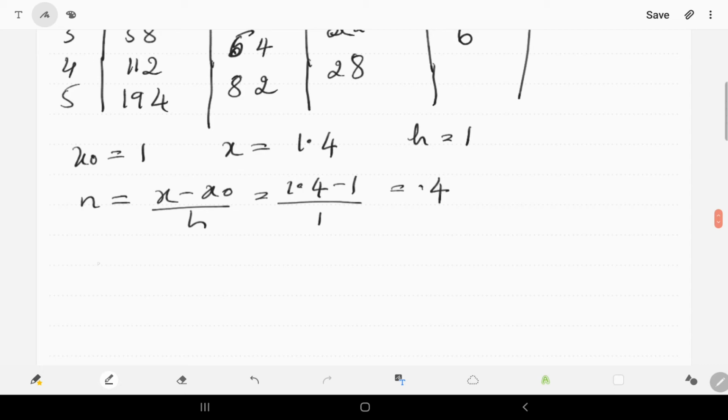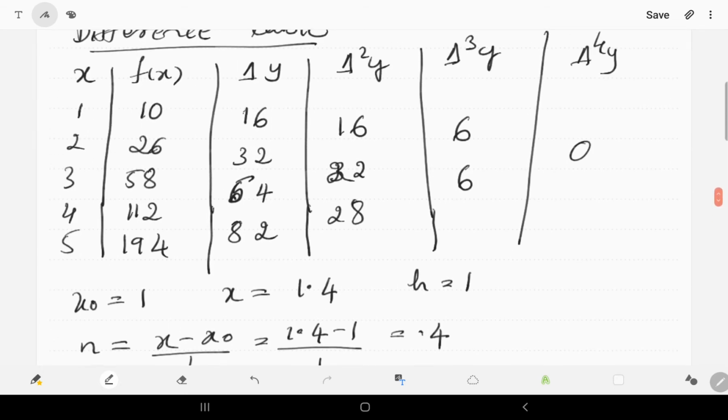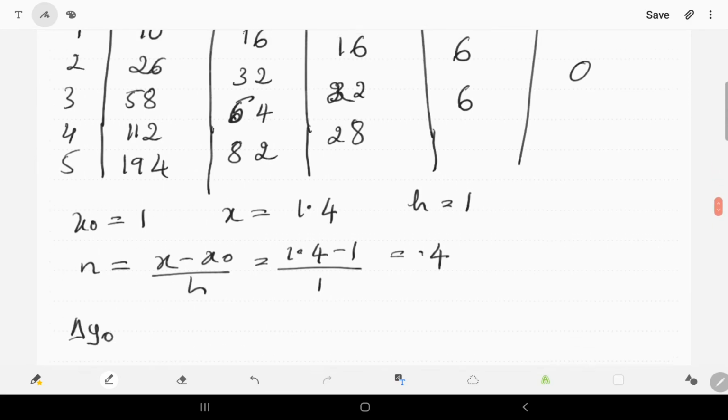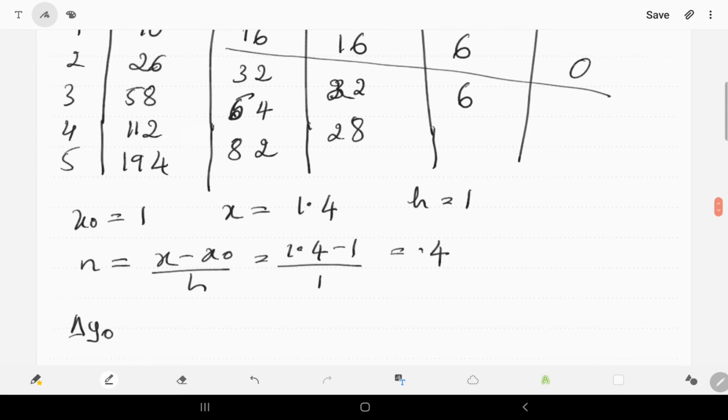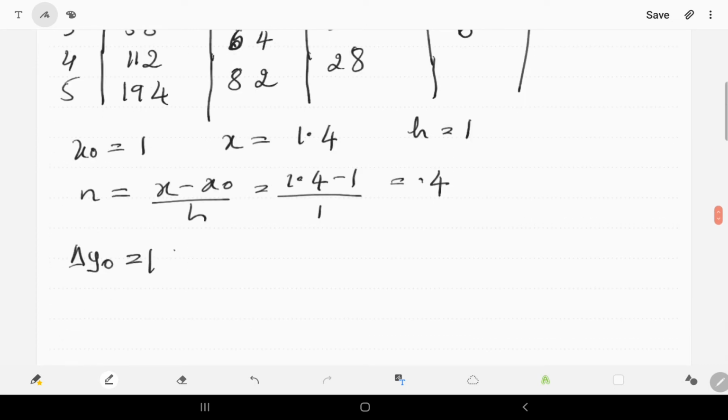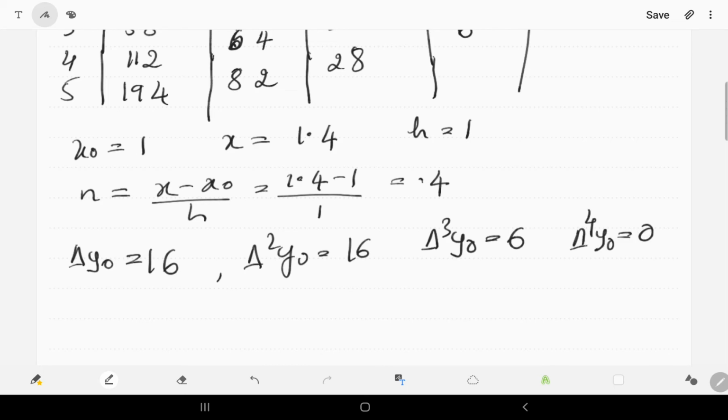Delta y naught is equal to 16, this is forward difference. Delta square y naught is 16, delta cube y naught is equal to 6 and delta raised to 4 y naught equal to 0.